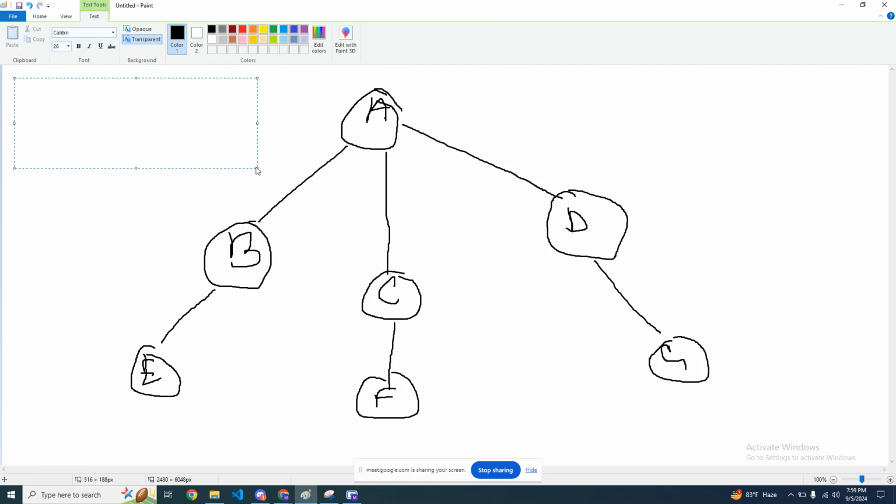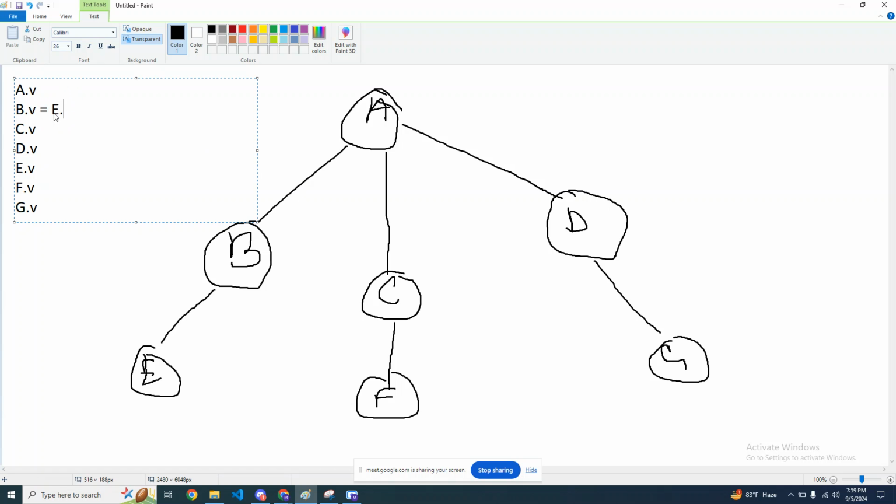So there is a.v, and again there is b.v. All these are attributes.